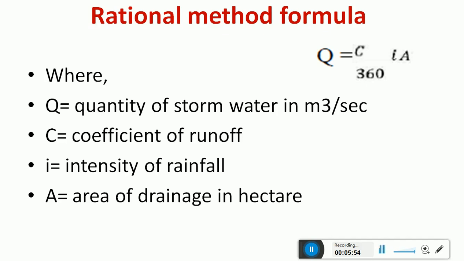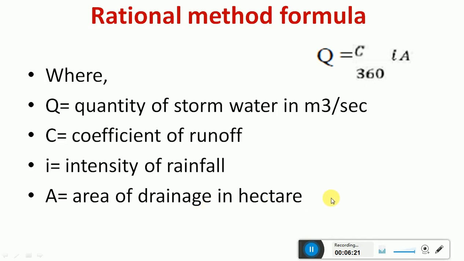From that rain gauge station we can get how much rainfall is occurring on a particular day, at a particular time, at a particular place. That is the intensity of the rainfall, which is usually measured in terms of millimeter per hour or centimeter per hour depending upon the intensity, and A is the area of drainage.